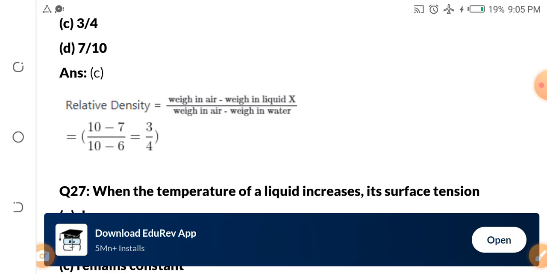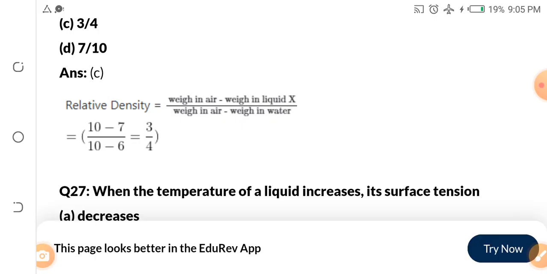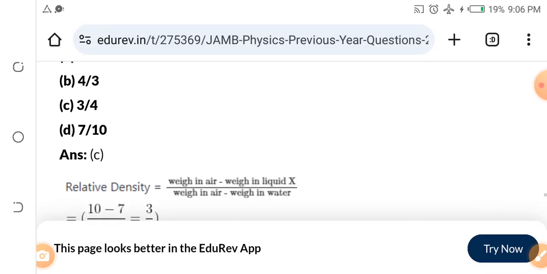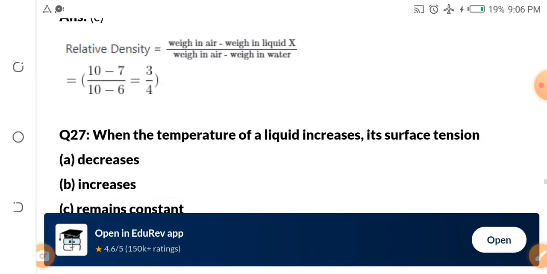Relative density is always weight in air minus weight in liquid X over weight in air minus weight in water. 10 minus 7 over 10 minus 6 equals 3 over 4, which is C as the answer.